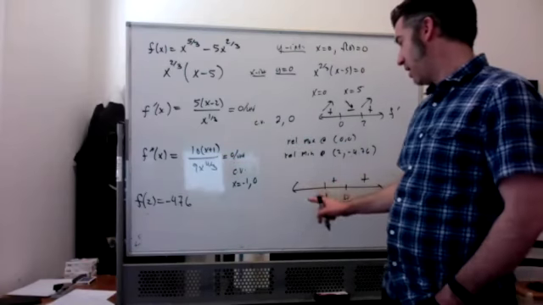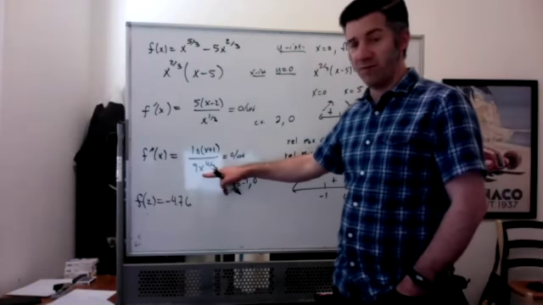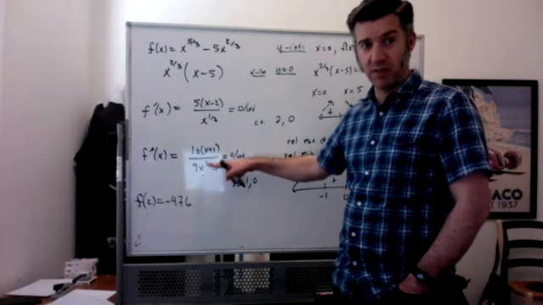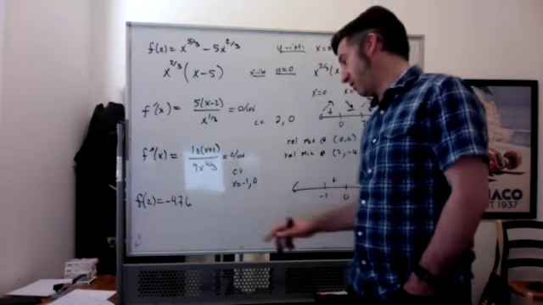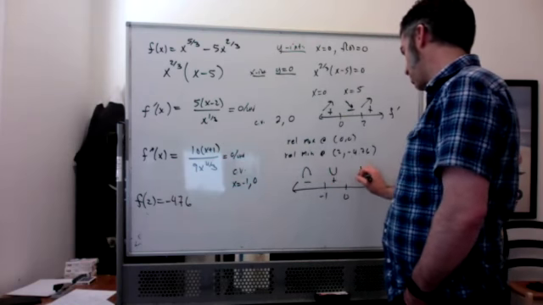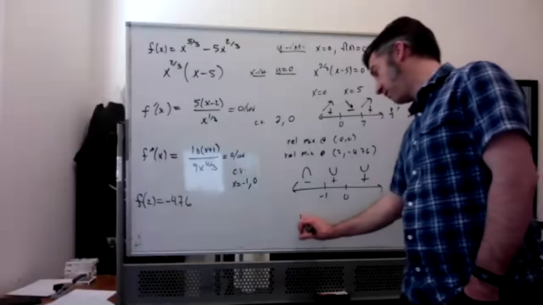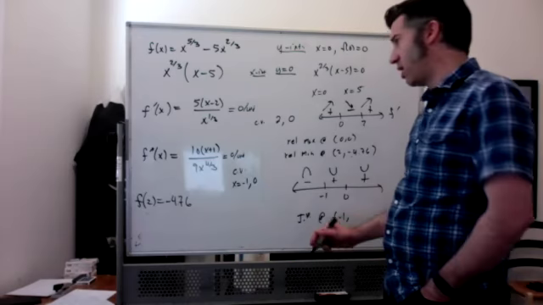And then over here, left of negative 1, like negative 2, we've determined the bottom is always positive because it's to an even power, which makes it positive, and the cube root keeps it positive. But negative on top, so it's going to be negative. It's going to be concave down, concave up, concave up. So we have an inflection point at x equals negative 1.